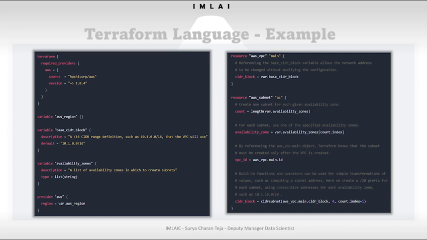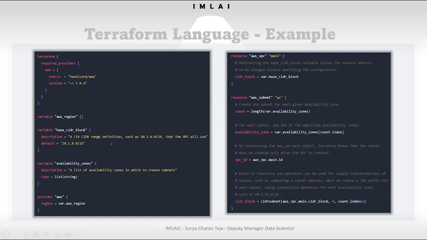So the first octet and the second octet define the network, and the last two octets, the 0.0, this third and fourth octet represent the host. That's what this says. Then we have another block, that is a variable block again, but this time it's availability zones. Here the two arguments basically talk about availability zones.